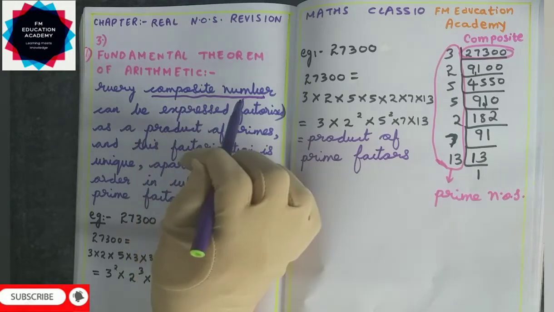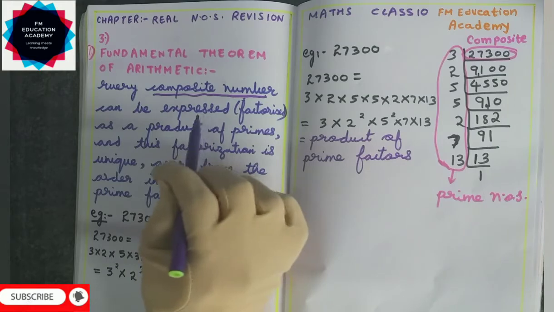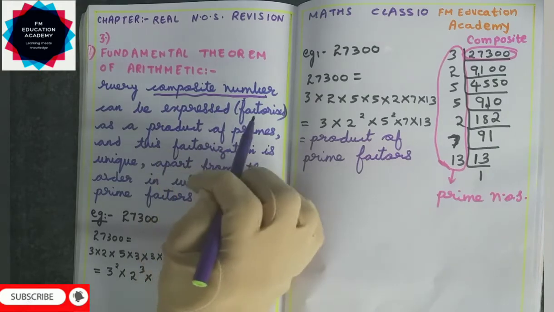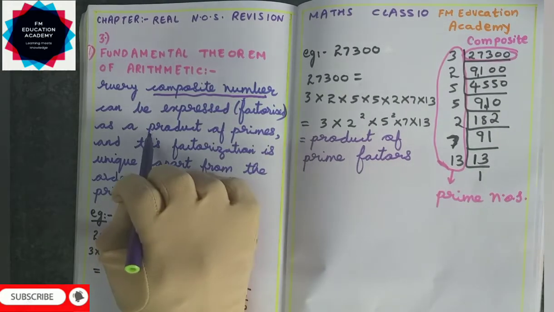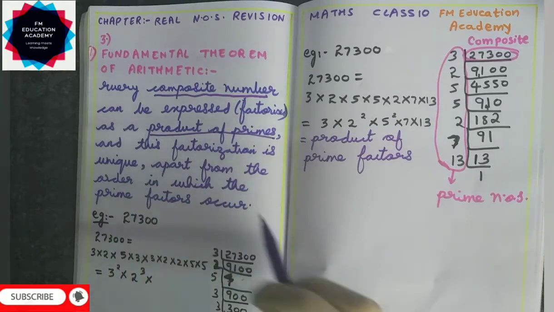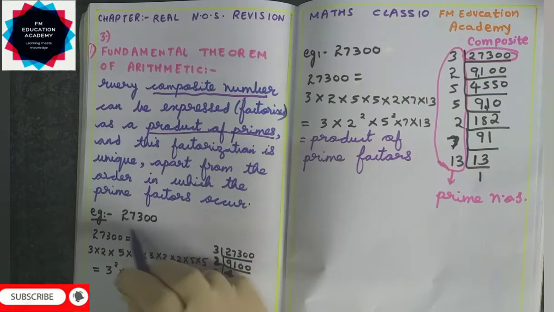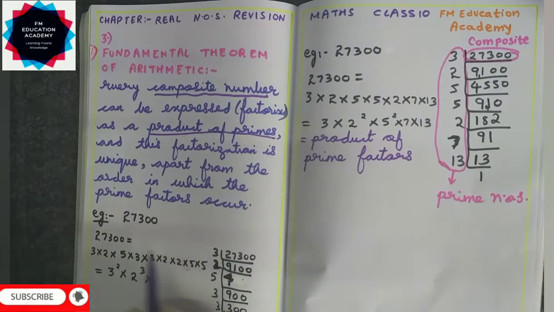So every composite number can be expressed, that is, when I open it, it can be factorized as a product of primes. Product of primes means, for example, here I am having a number. If I open it, all these numbers should be prime numbers and those will be a multiplication. See here, the into sign is there and I am having prime numbers.